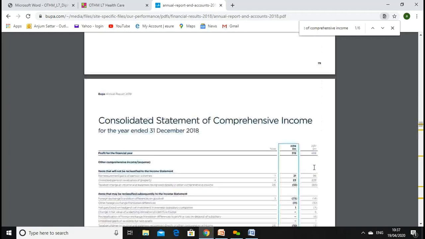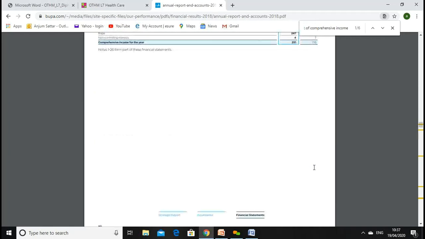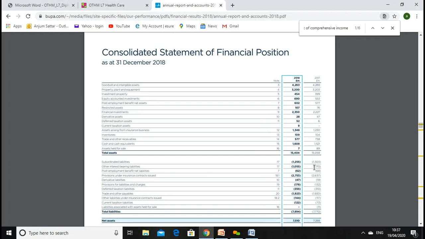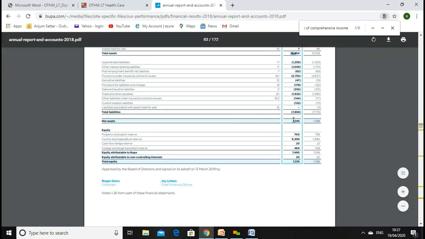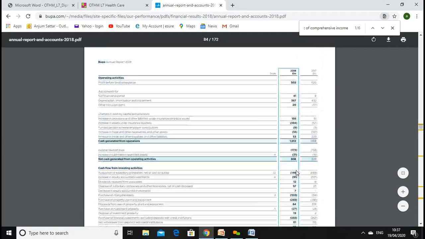You can take the difference and then look at the other statement, the financial position: how much the assets were worth, how much the liabilities were worth, and the net assets, and how much the equity, the investment, is. So net assets are always equal to equity.